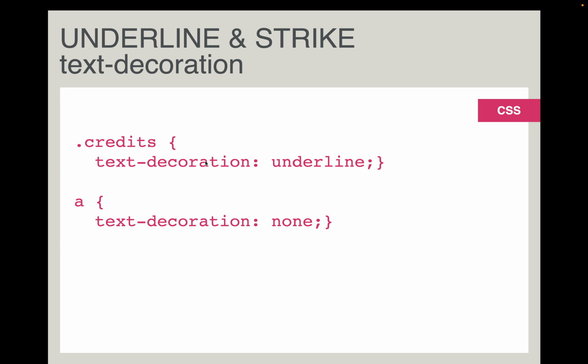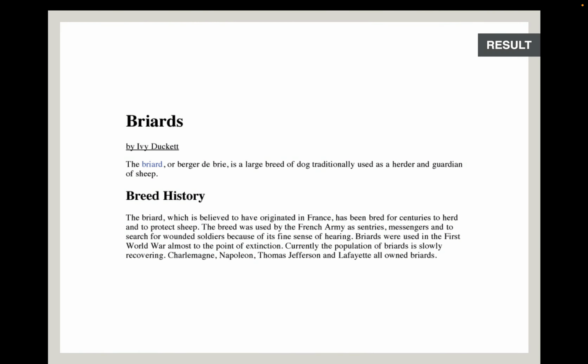There is a text decoration property, which primarily is used to add an underline or get rid of the underline. By default, links have an underline, and if you say text decoration none, you'll get rid of that underline. I will say, I hate what they did here.